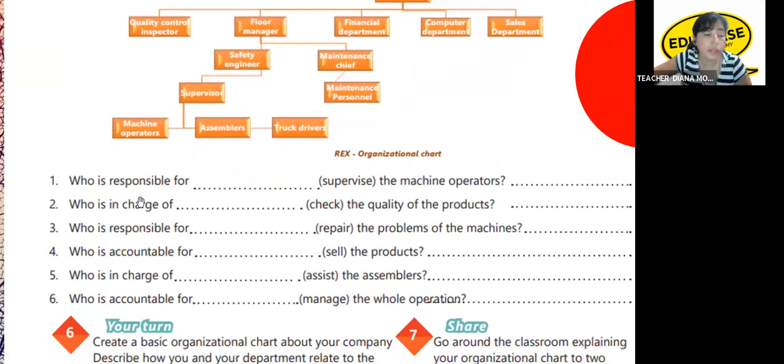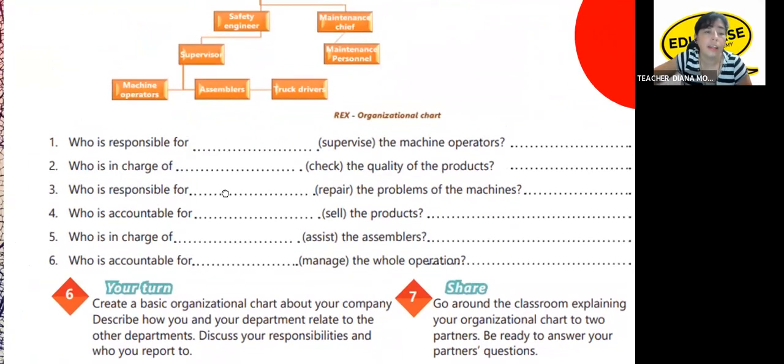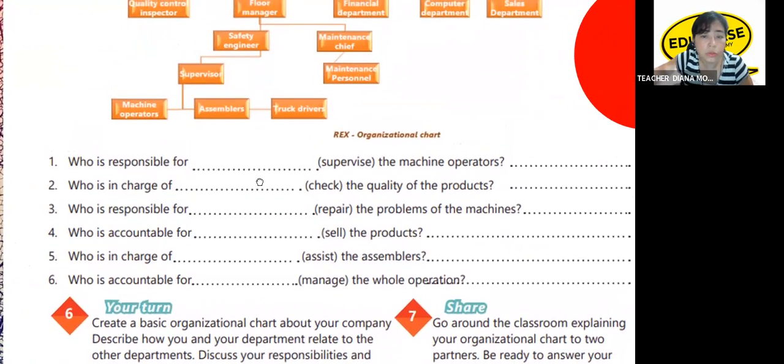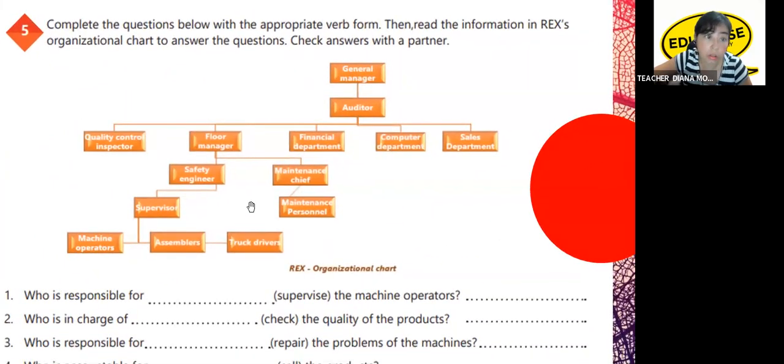And here you can see the expressions with prepositions, something that we were discussing and explaining, and you know now why, and the way that we need to use the verb. So let's do this based on the organizational chart.